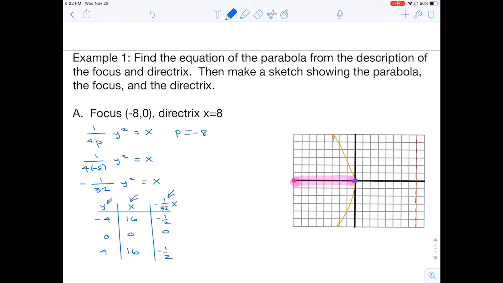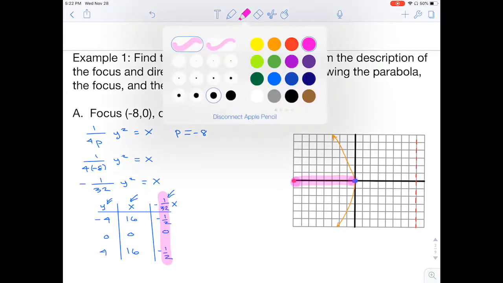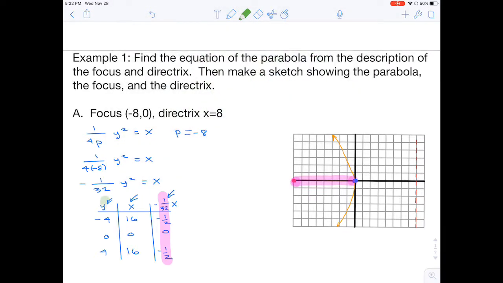So the way we read this, remember this is horizontal. So I'm going to do this in 2 columns. My pink column are going to be my x coordinates of each point, and my green column are my y coordinates.